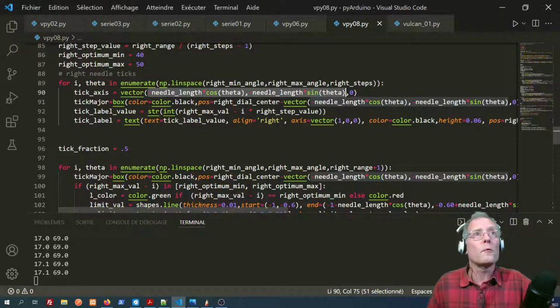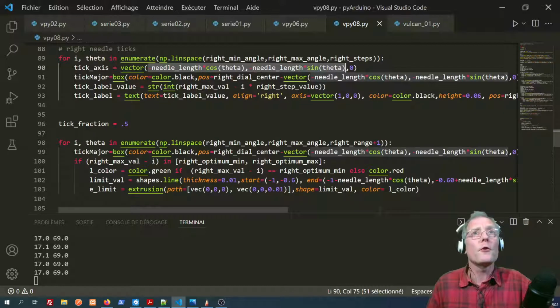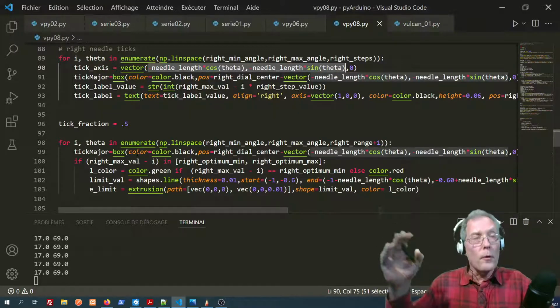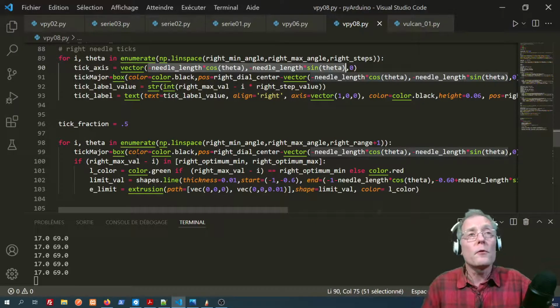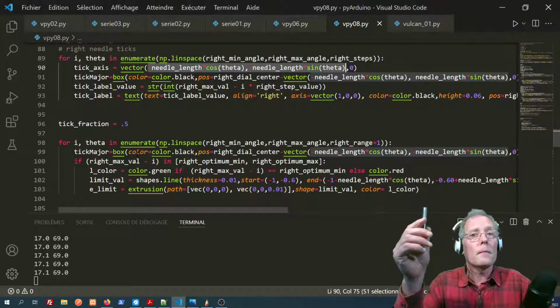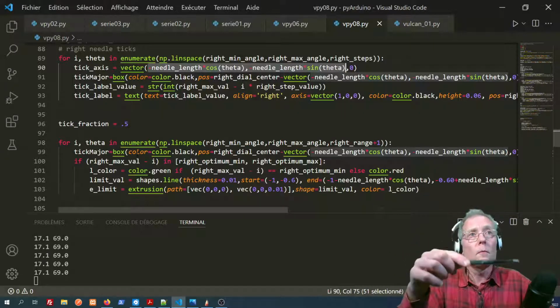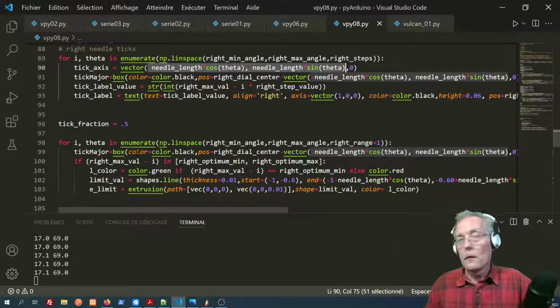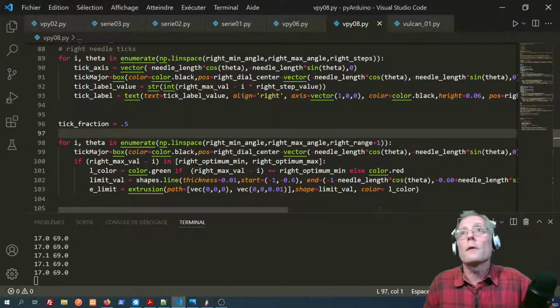And we also have to pay attention to the way we do it, because we will start from the maximum and go to the minimum, as it's an angle going in a counterclockwise natural system.